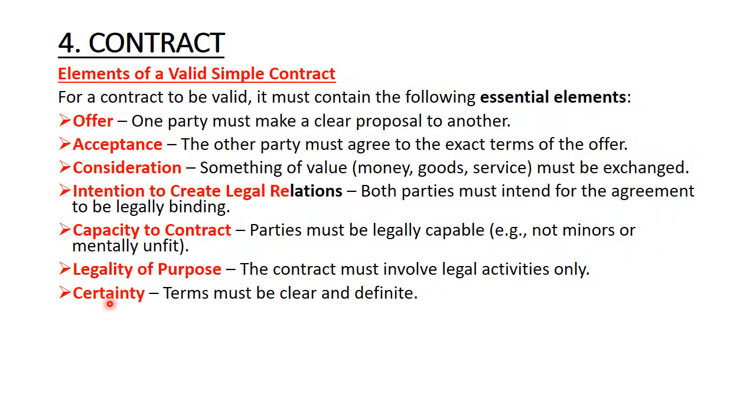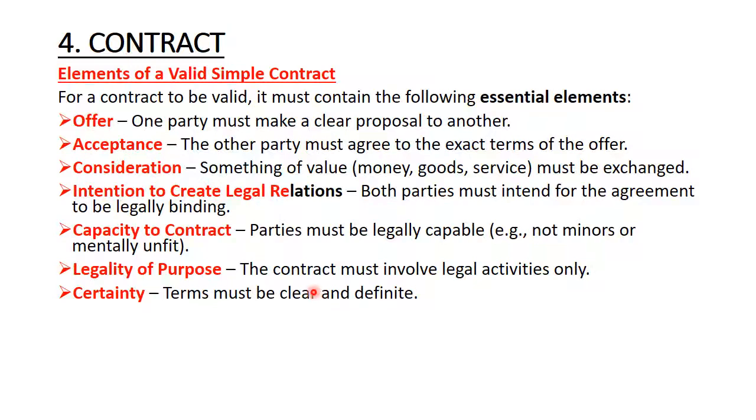Then the other essential element is certainty, meaning that the terms must be clear and definite, not confusing. If one of the terms is a bit confusing, then that contract is not going to be valid.